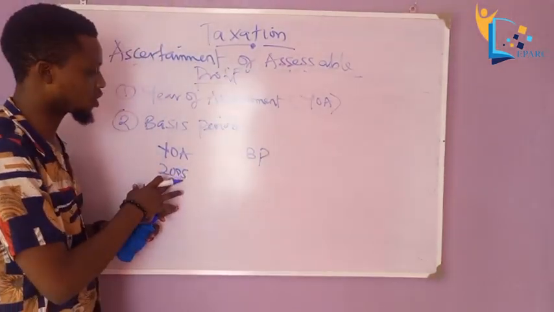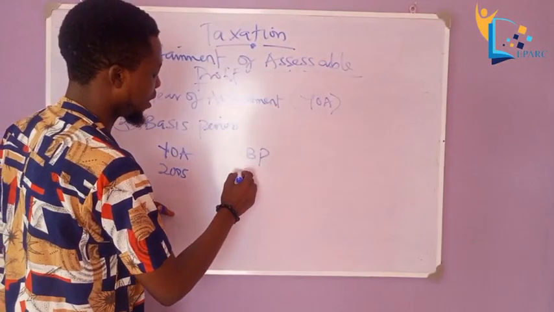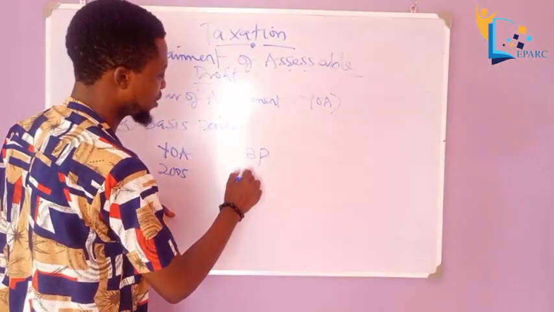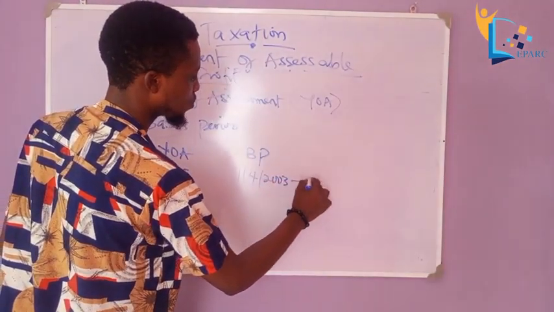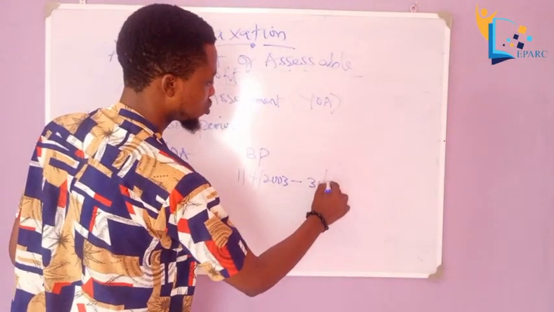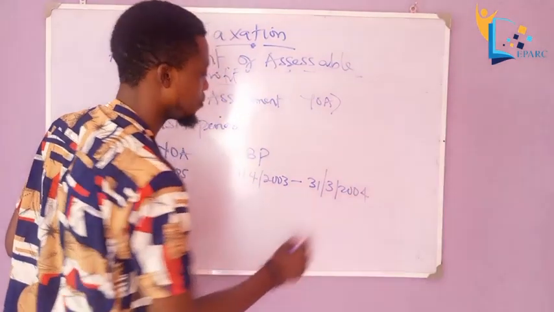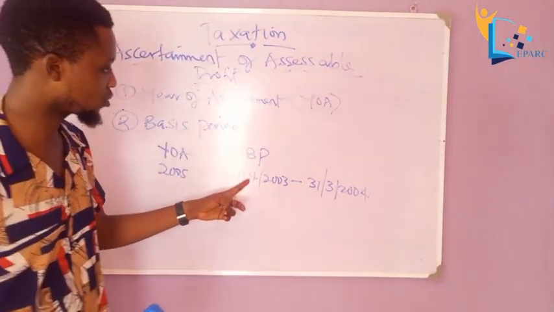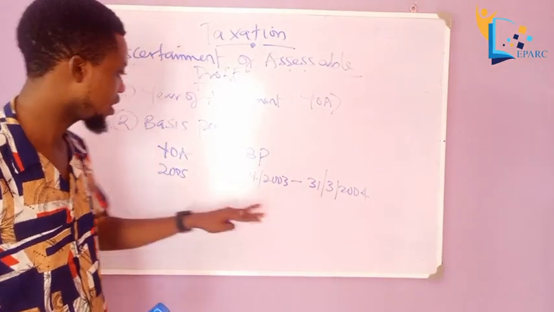So let's say 2005 is our year of assessment, and our basis period will be 1st of April 2003 to 31st of March 2004. This is 1 year, 12 months.